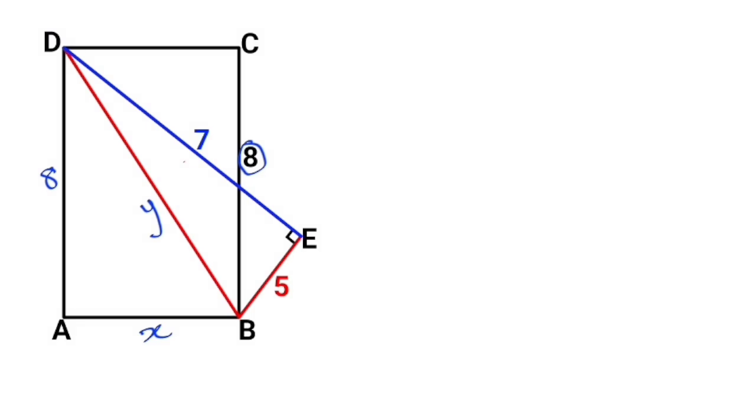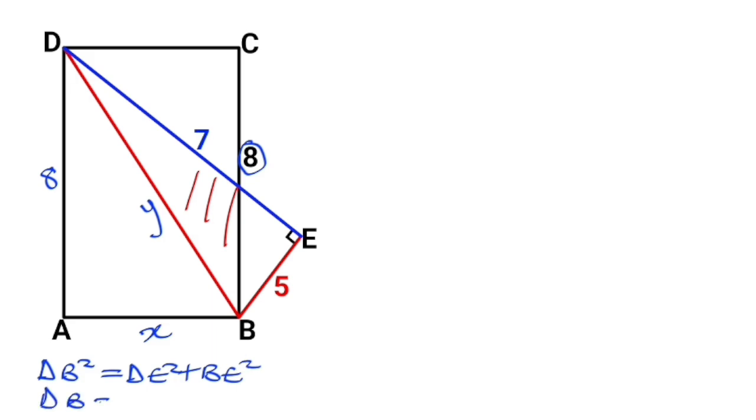Next, let's focus on triangle DBE. Since this is a right triangle, we can apply the Pythagorean theorem. According to the theorem, DB squared is equal to DE squared plus BE squared. DB is Y. DE is 7.